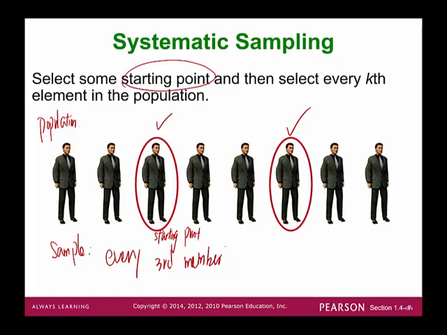This is what we call the systematic sampling method. You can pick every kth member in the entire population. If you have a fairly large population, you can pick every 10th, 20th, maybe every 1,000th member in the population, depending on the population size.